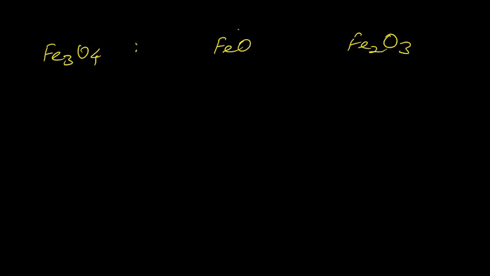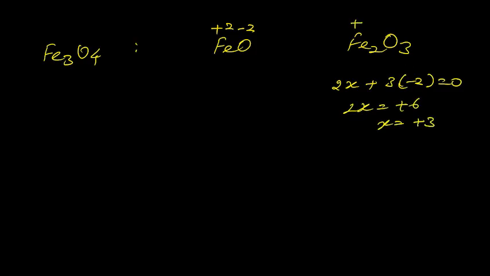So here the oxidation state is +2 for FeO. But here the oxidation state of iron, if it is X, you will say 2 times X plus 3 times -2 equals 0. That means 2x equals +6, x equals +3. So here it is +3.